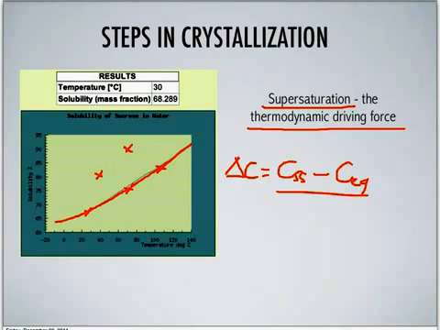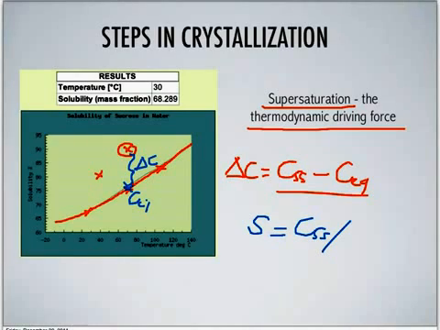For example, at this point, this is the CEQ value, and the difference between this is the delta C. Supersaturation can also be expressed as S, the ratio of CSS to CEQ.